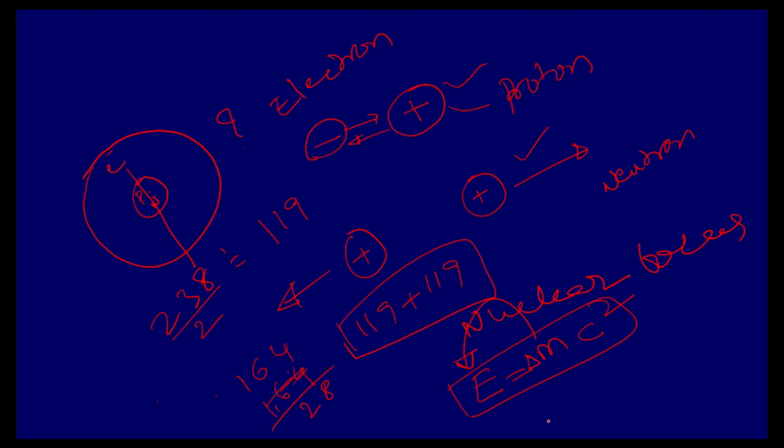Which means if some mass is lost, the lost mass will be converted into energy. So if you break this nucleus, there may be a loss of some protons or neutrons, and that lost mass can be converted into energy.